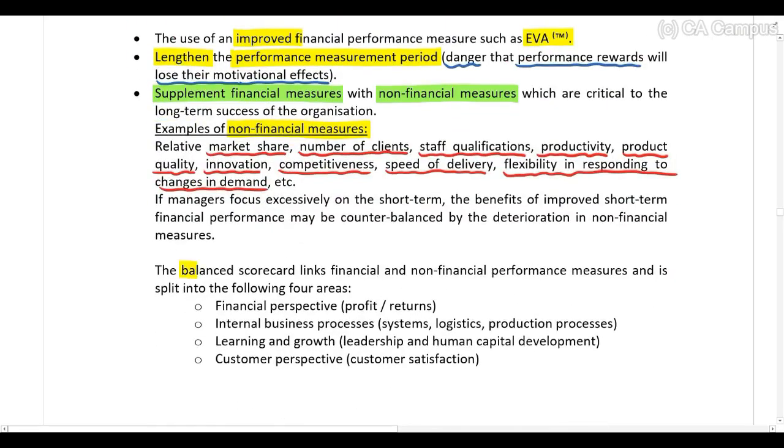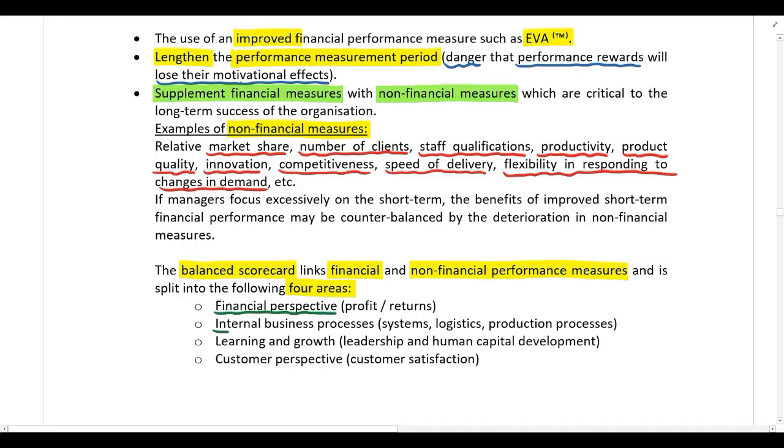So those are all examples of non-financial measures which can be used. And the balanced scorecard is a tool which links financial and non-financial performance measures. So this is a tool that companies can use to make sure that they are evaluating both financial and non-financial performance. And the balanced scorecard is broken down into 4 areas. The one focus area is from a financial perspective.